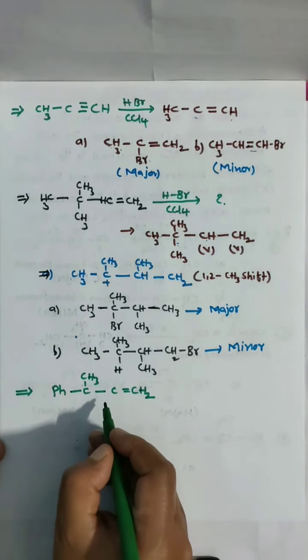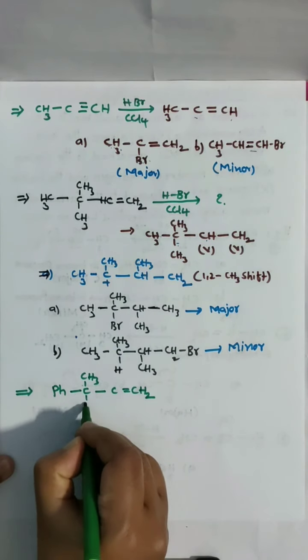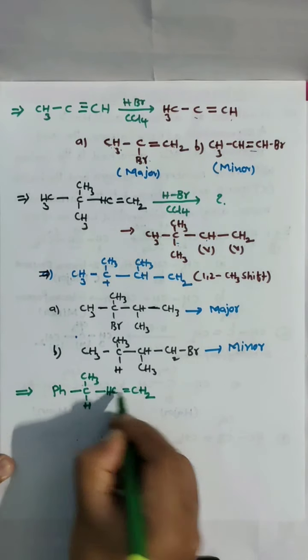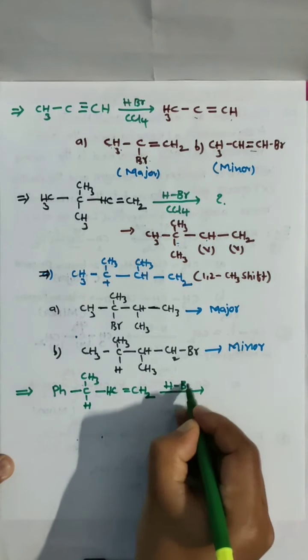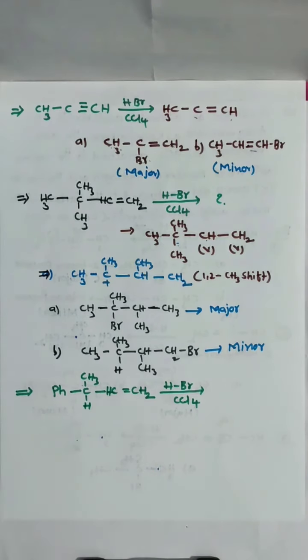And you go for here now: 1, 2, 3, here one hydrogen is there, and here 1, 2, 3, here one hydrogen. And the major product they are asking. What is the major product?